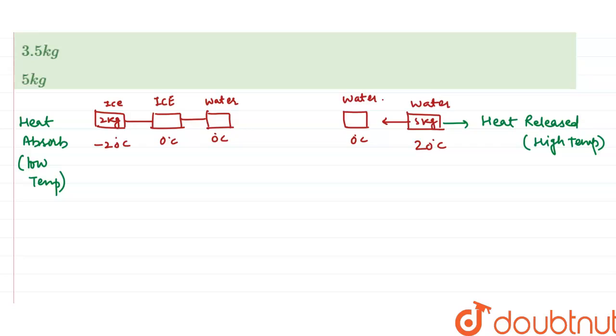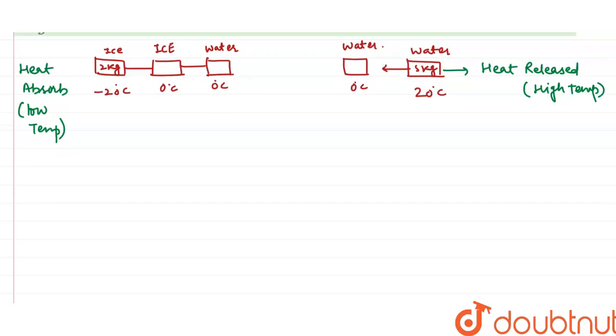Now the heat absorbed in this process can be written as: heat absorbed equals, this is the first process, this is the second process. The heat for the first process can be written as m s delta T, plus, in the second step ice is converted into water, that means a phase change.